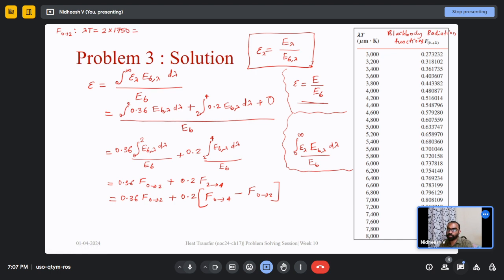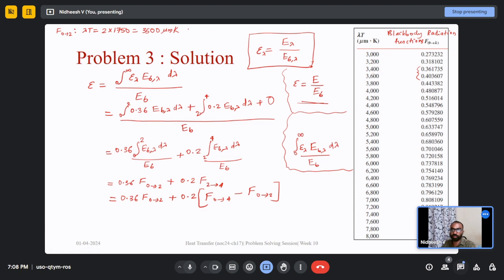That is 3500 micrometers Kelvin, right? This is the lambda T corresponding to this F02. So for 3500 micrometer Kelvin, let's see what is the F value. 3400 is here, 3500 is here. Now if we take the average of these two values, we will get the corresponding value for 3500.